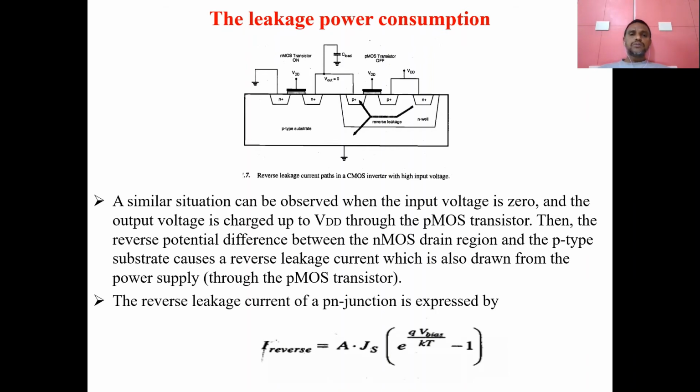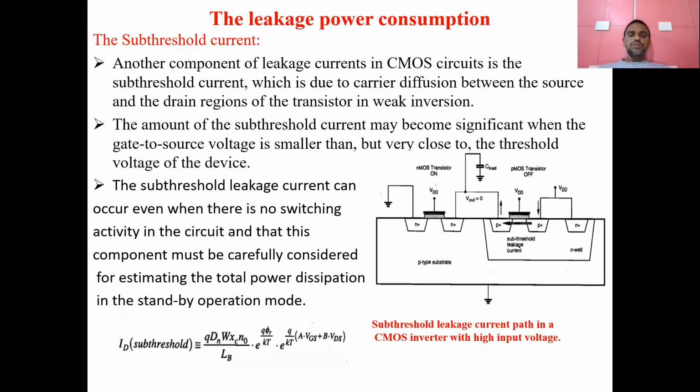Now we'll go with the sub-threshold current. What is this sub-threshold current? If you consider Vin, or the gate to source voltage, I will consider here the diagram of the inverter circuit.